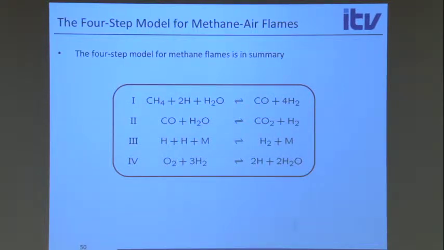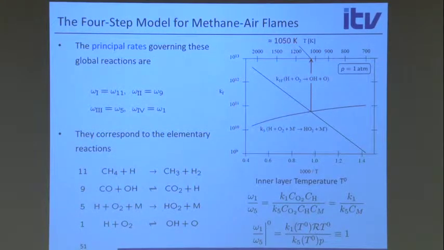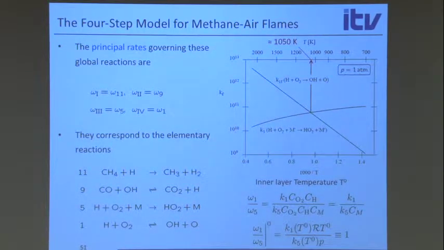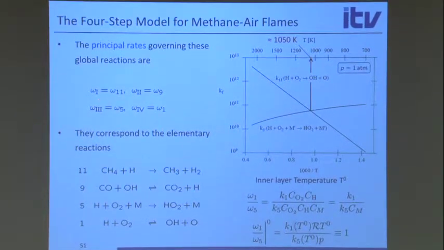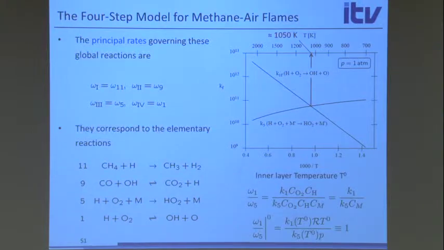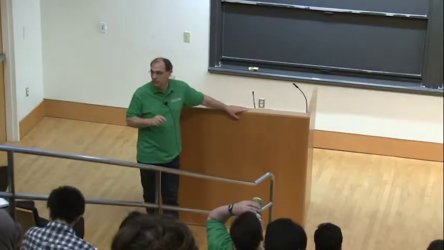Okay, so these are the four steps then, and each one has a purpose. Fuel conversion to stable intermediates, CO oxidation, chain breaking, chain branching. That's it, okay? And this I showed you already. The reaction rates of these we call the principal rates. The principal rates is what you get when you say all reactions are infinitely fast except for the first one is slow.